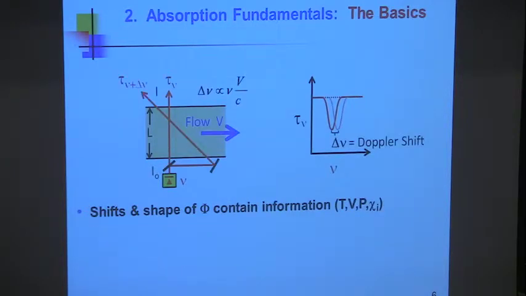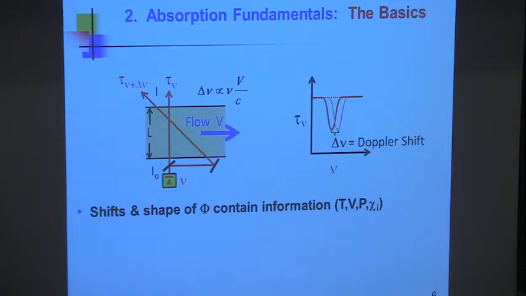So now, if we're interested in velocity, we might take some of this light and pass it through at an angle, compared with the light that goes perpendicular to the flow. This beam would not have a Doppler shift. This beam would have a Doppler shift. So when we scan the laser, these two different detectors would show the line appearing at different places.